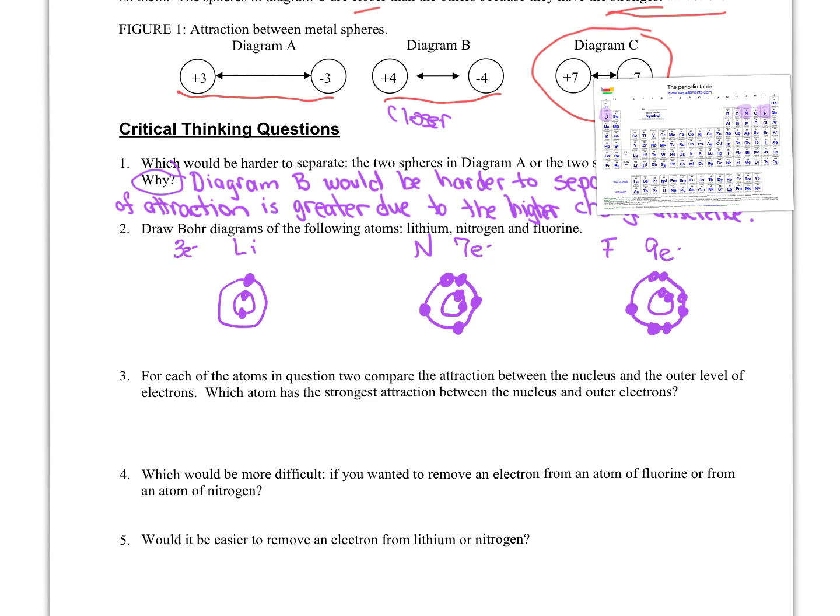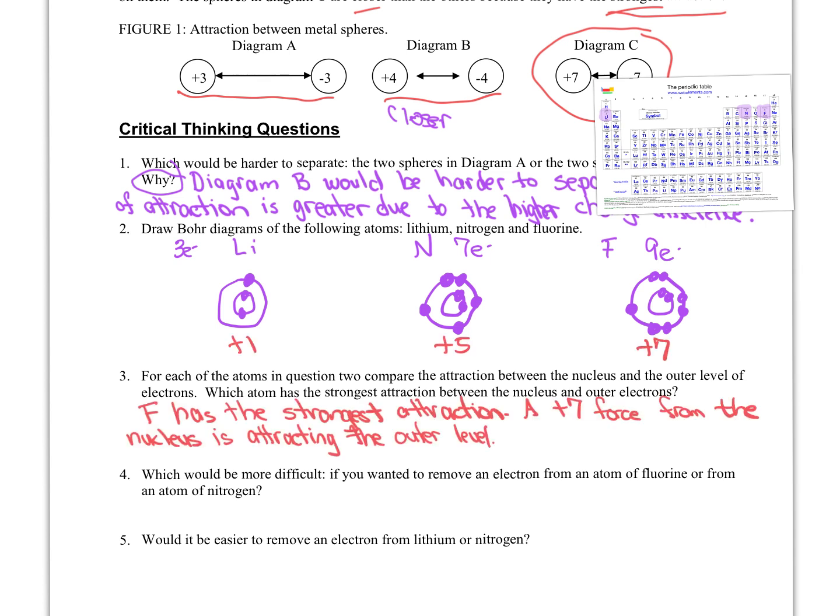Number 3, for each of the atoms in question 2, compare the attraction between the nucleus and the outer level electrons. Which atom has the strongest attraction between the nucleus and the outer electrons? All right, when we look at these 3 elements, you can see that fluorine has the strongest attraction. It has more protons in the nucleus.